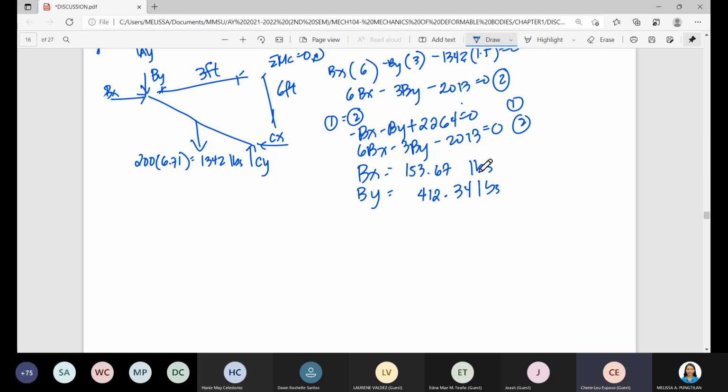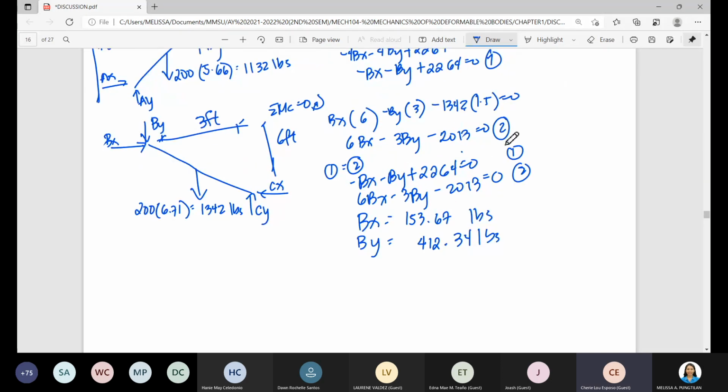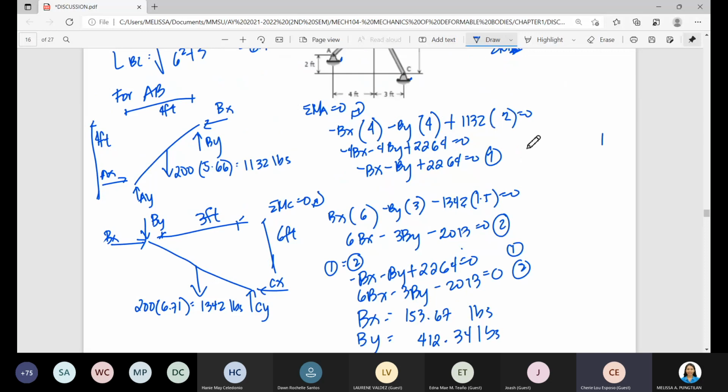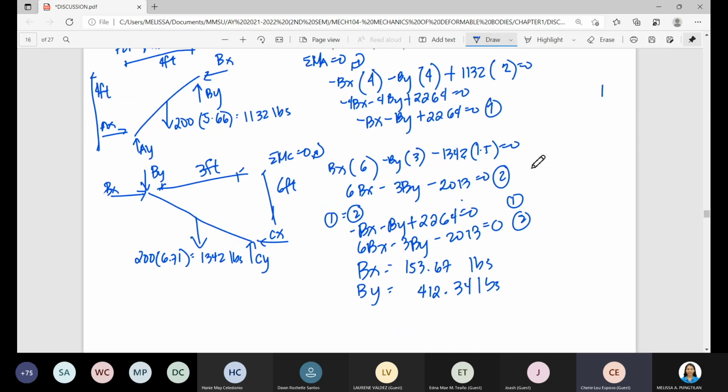Mukhang merong mali dito sa ating equation number. This one. This must be 2264 divided by 4. Tama? So, it must be 566. This is 566 para makuha yung value ng 153.67 and 412.34.